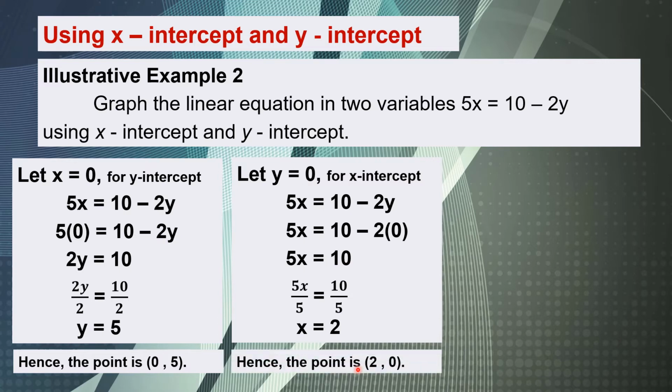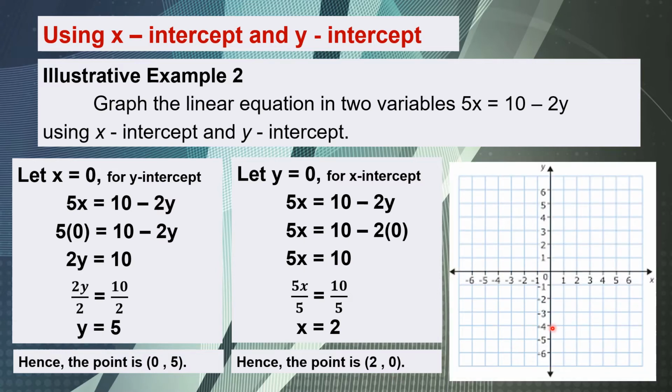Laging unahing isulat ang value ng x, which is 2. Kasi ito ay ang ating x values and y values. So, since meron na tayong 2 points, we can now graph our equation using Cartesian plane.